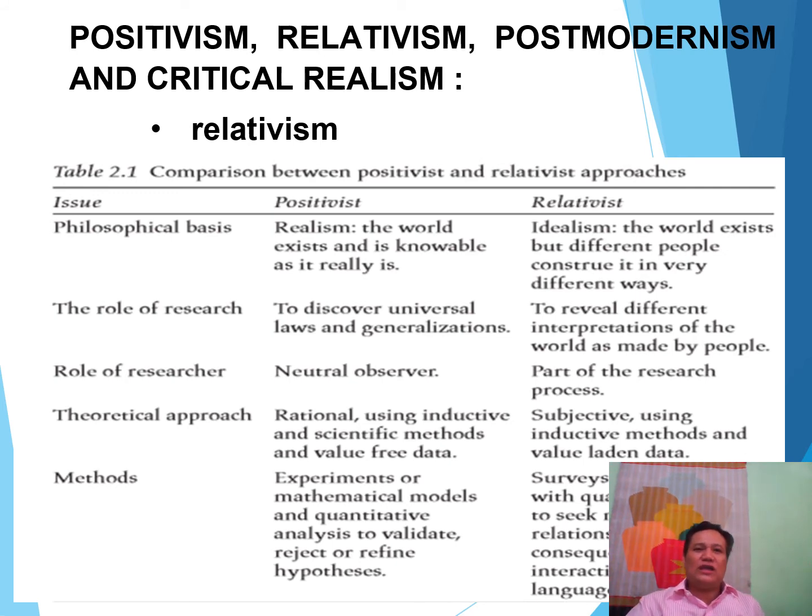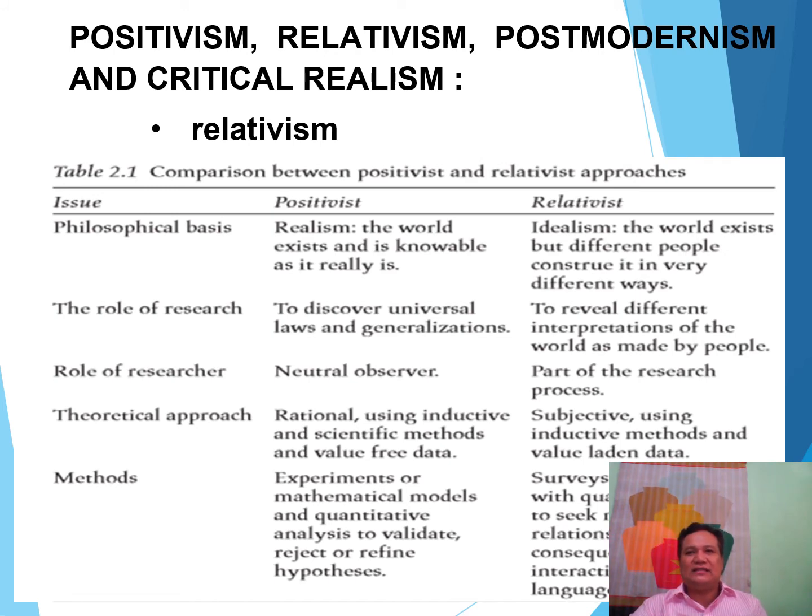So as what we have here, Table 2.1, comparison between positivist and relativist approaches. So we have the issue, the positivist and the relativist. Philosophical basis: we have realism, the world exists and it is knowable as it really is.